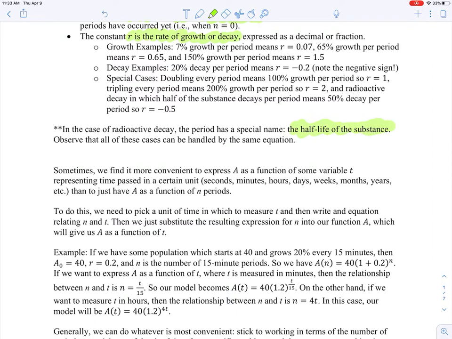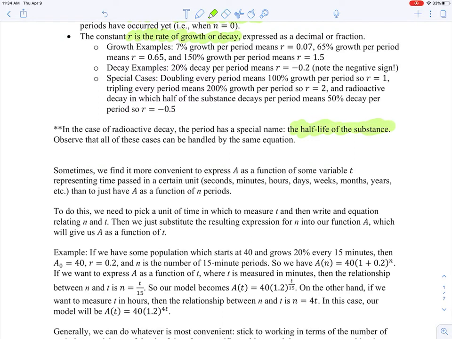This can be done. To do this, we pick a unit of time that we want to measure t in, and then we need to relate n and t. Meaning we need to figure out the relationship between a period and that unit of time, so that we can then substitute in for n the expression that involves t.